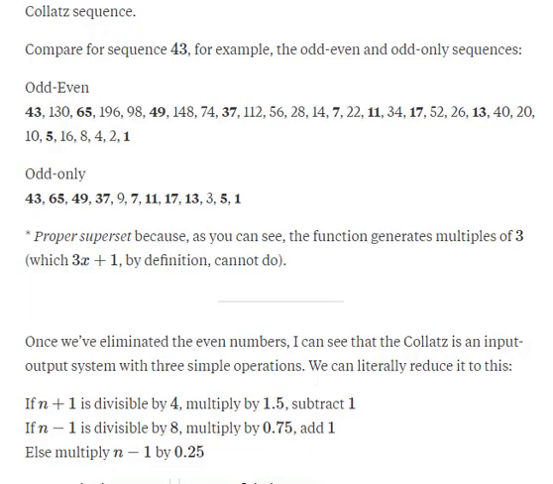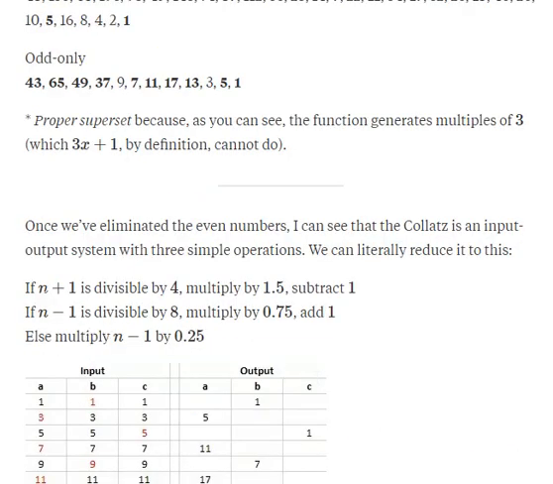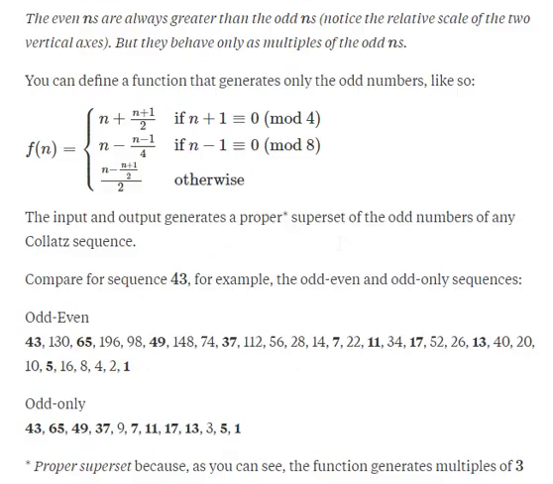Now, the function can be represented in a much more simple way. Note that here we are using the congruence representation, where we're saying n plus 1 is congruent with 0 mod 4 and n minus 1 is congruent with 0 mod 8.